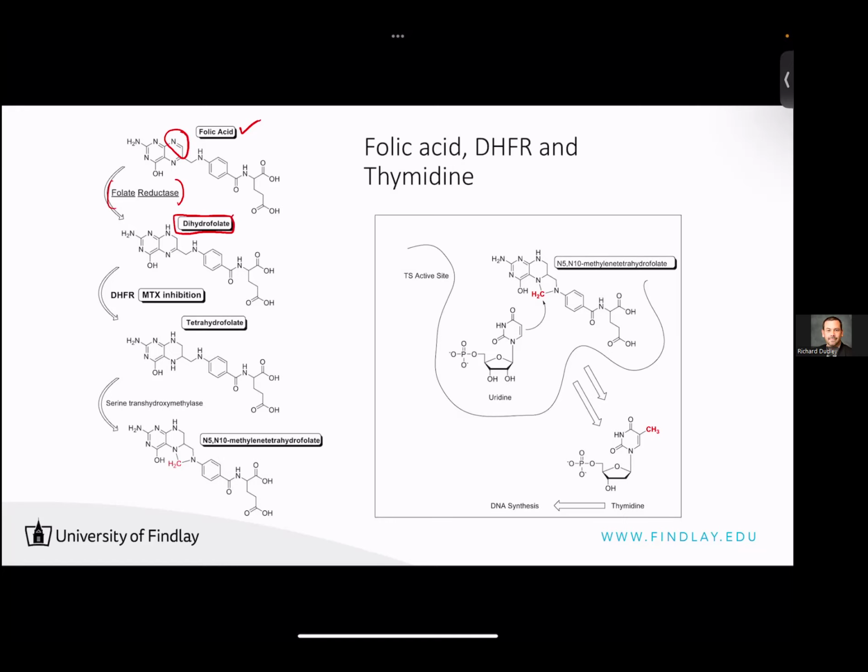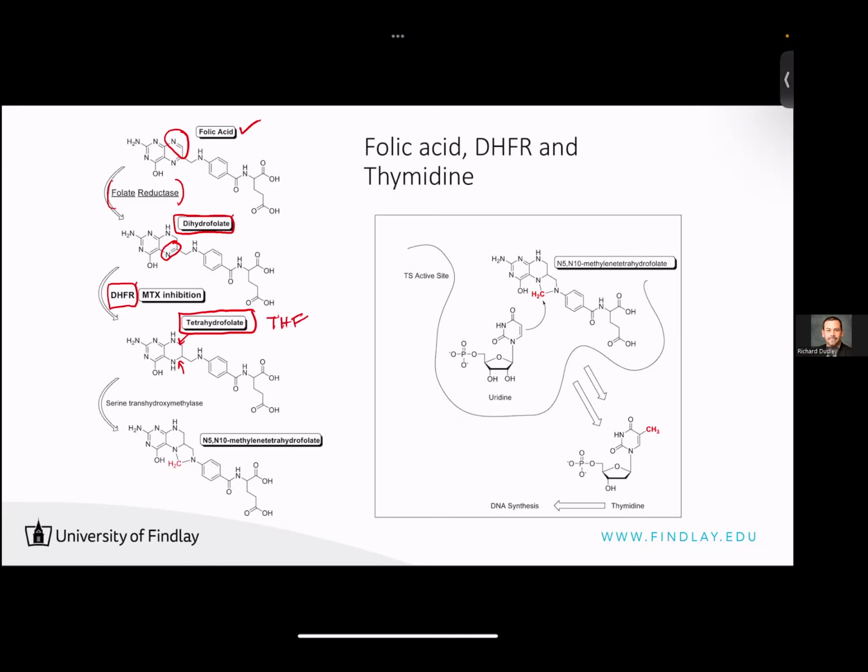Once we arrive at dihydrofolate, again, dihydrofolate reductase will take that molecule as a substrate and reduce it down again, such that this double bond is now reduced. All right, so we've added a number of hydrides across the pyridine ring to arrive at something called tetrahydrofolate.